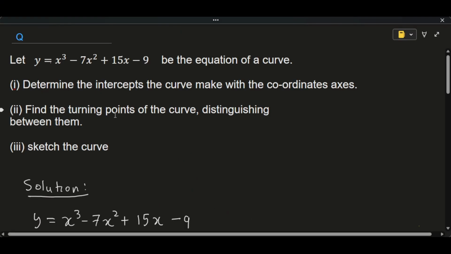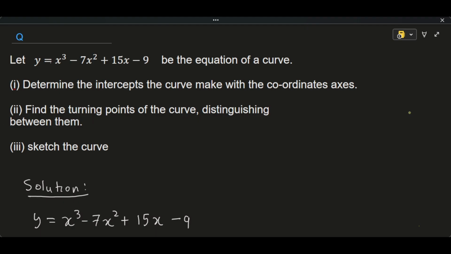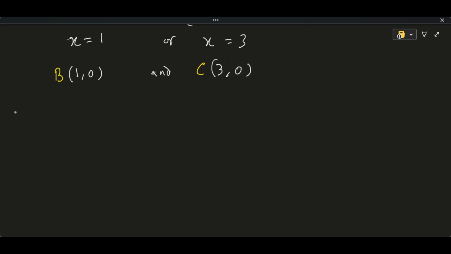Now, for the second part of the question, we are asked to find the turning points of the curve, distinguishing between them. So let's go ahead with it. Now, the second part of the question, we have our curve here. To determine the turning points, we would need to determine the first derivative of this polynomial.